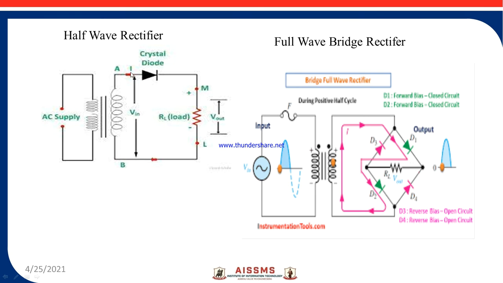During forward bias, the diode conducts and is considered an on switch.